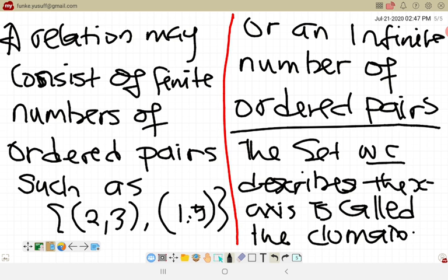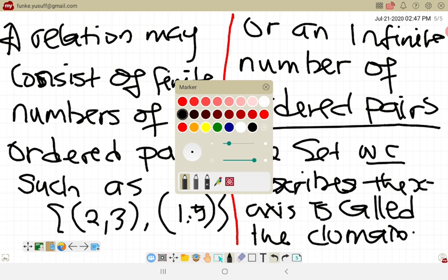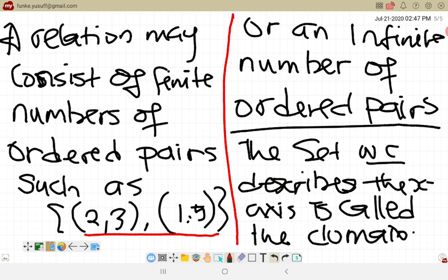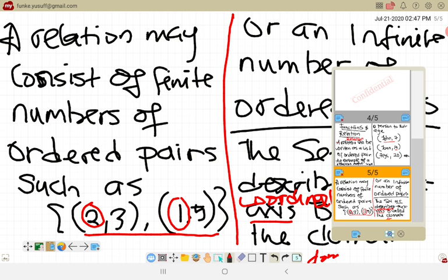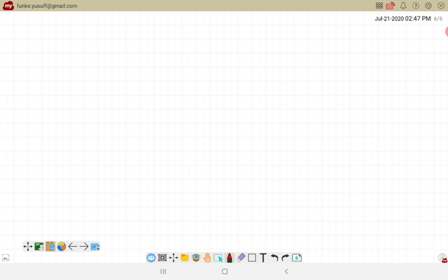For instance, in this example, the domain here is 2 and 1. So the set which describes the x coordinate is called the domain.